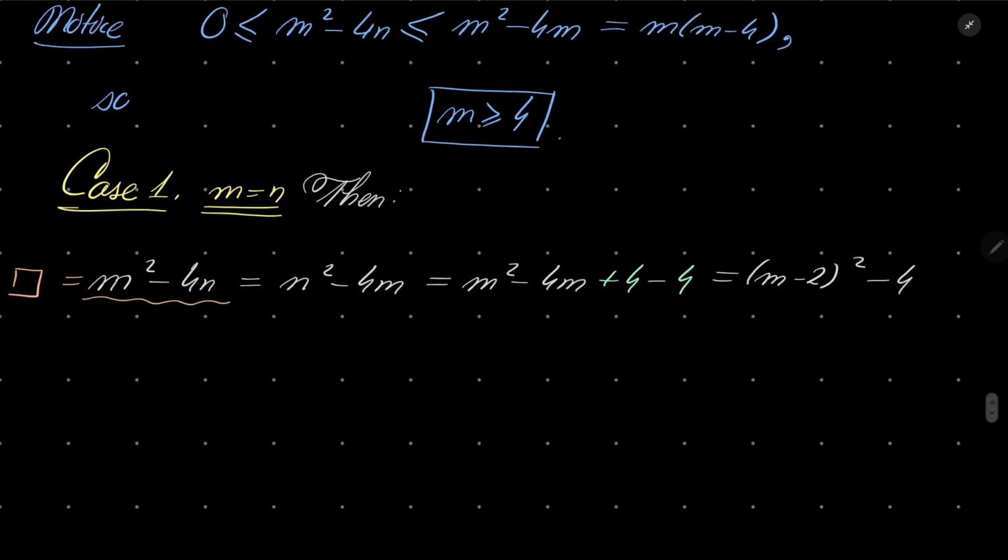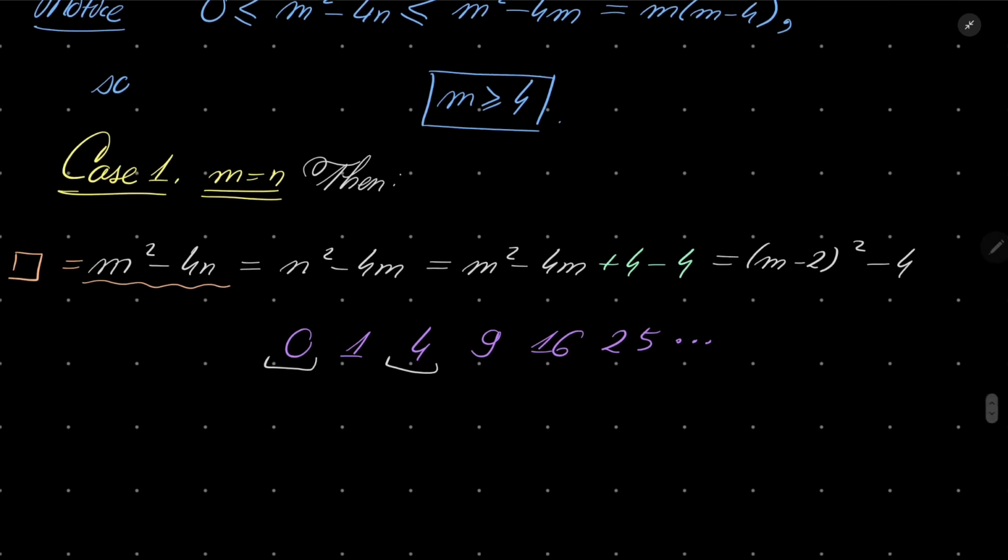But let's first write the perfect squares. The perfect squares are 0, 1, 4, 9, 16, 25, and so on. And what two perfect squares differ by 4? Well, the only two perfect squares which differ by 4 are 0 and 4.